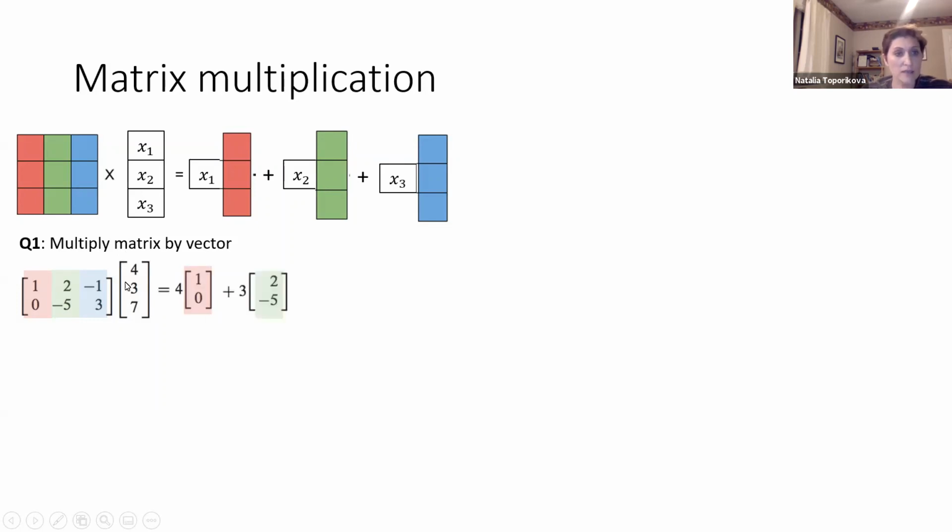Then we add the second element of our vector, 3, multiplied by the second green column. And finally, the third element, 7, multiplied by the third blue column. Now all we have to do is conduct scalar multiplication for all 3 terms and then add the appropriate elements together to get the resulting vector.